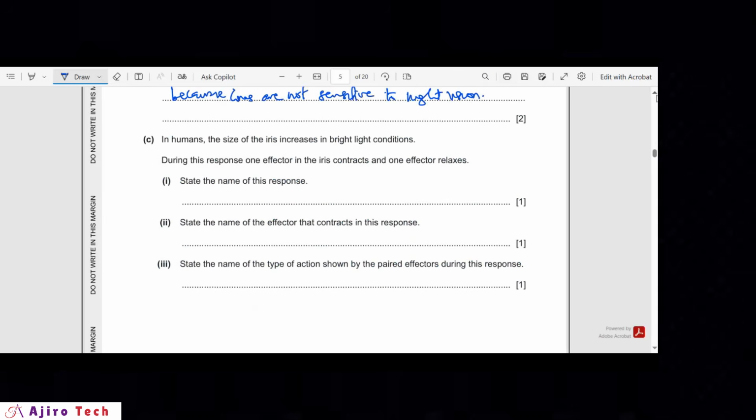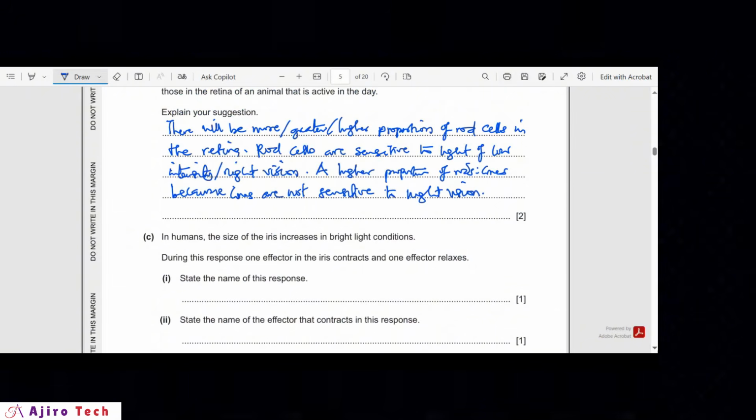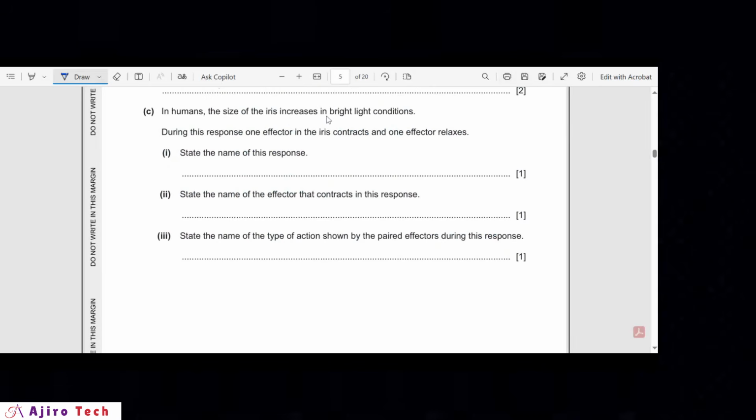So let's move on. The size of the iris increases in bright light conditions. During this response, one effector in the iris contracts and one effector relaxes. So we know that we have the circular muscle of the iris, and we have the radial muscle of the iris.